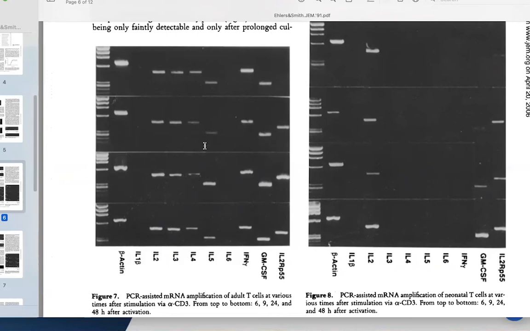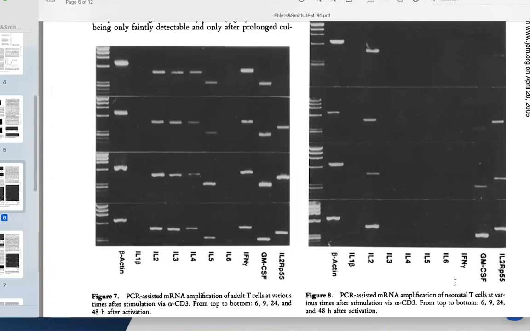Interleukin 5 that was negative at 3 hours is clearly positive by 6 hours and 9 hours, and even more so. So it just took a little bit longer. IL-6 was still negative, and the interferon gamma was positive throughout, and as was GM-CSF and the alpha chain.